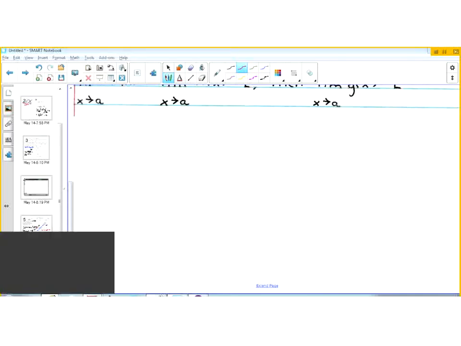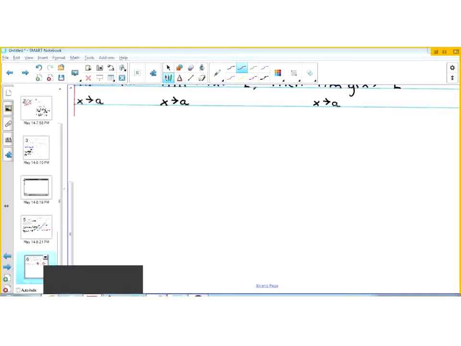So let me grab an illustration here. Where was it? See if it's on this. No, it's not on this page. Cancel.